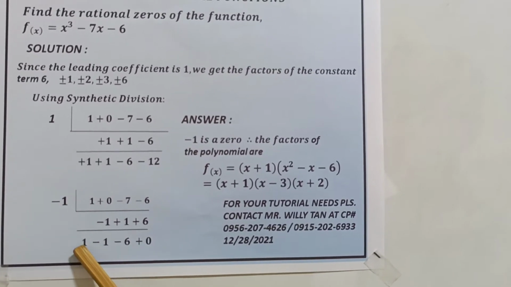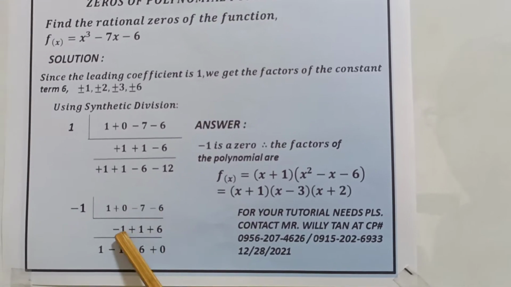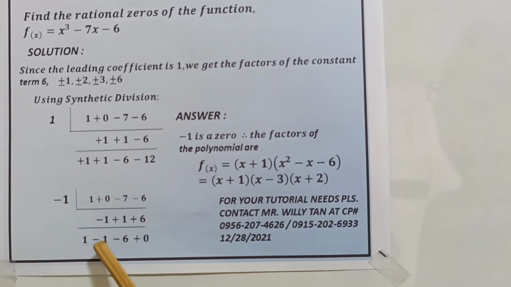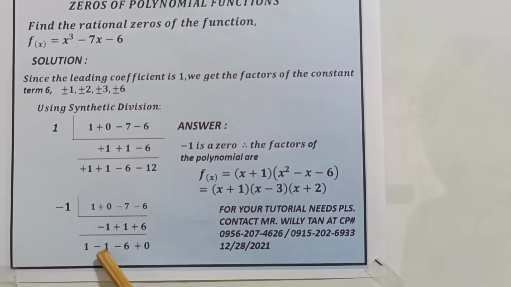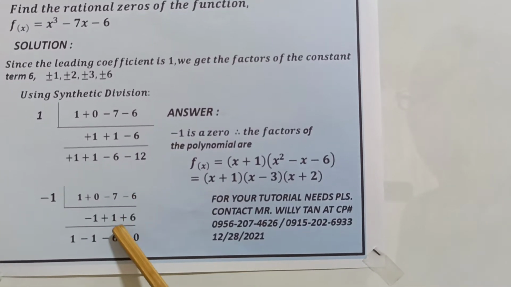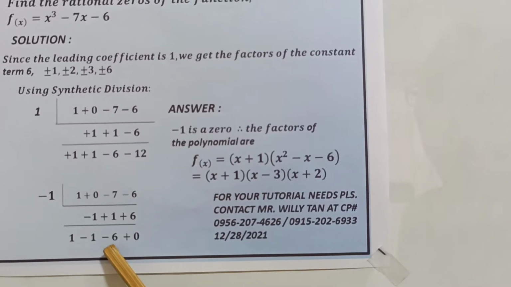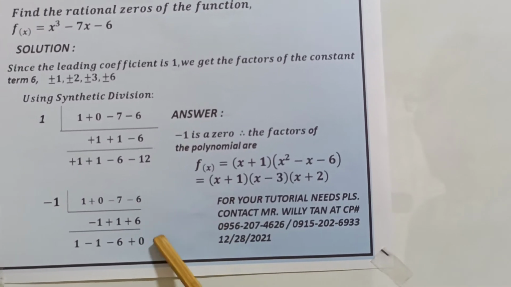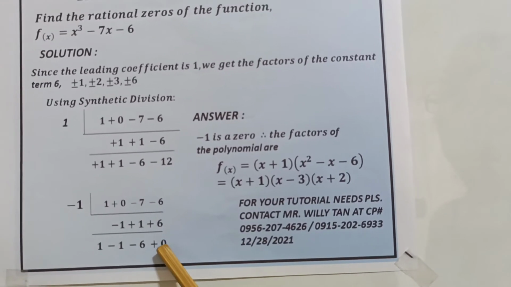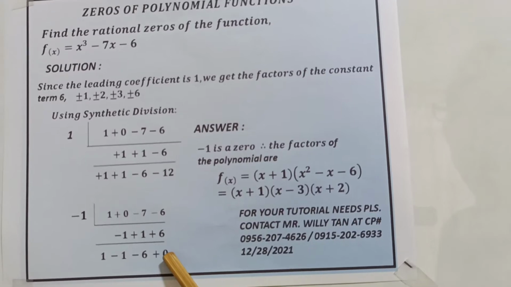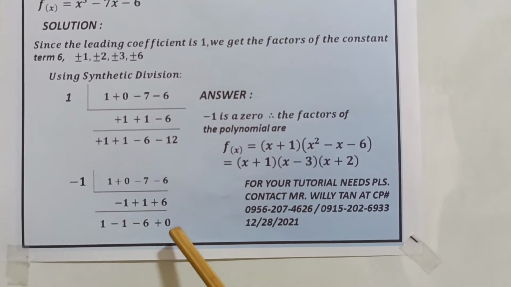Negative 1 times 1 is negative 1. We add, so we have negative 1. Then we multiply again, negative 1 times negative 1 is positive 1, and we add negative 7 plus 1 is negative 6. Multiplying again, negative 1 times negative 6 is positive 6, and when we add, the last term is 0. So negative 1 is a zero, or a root, of the given function.